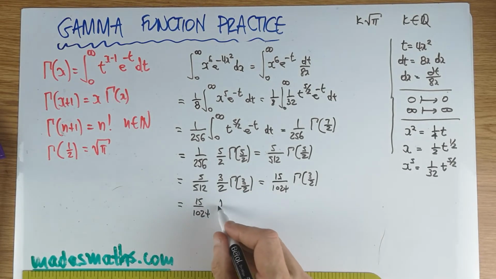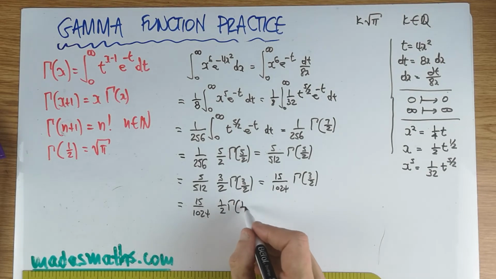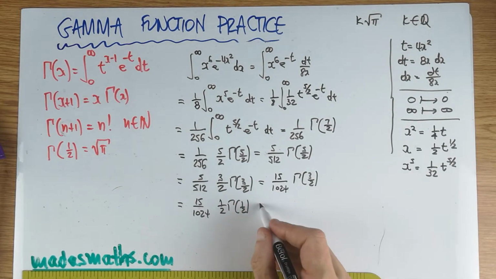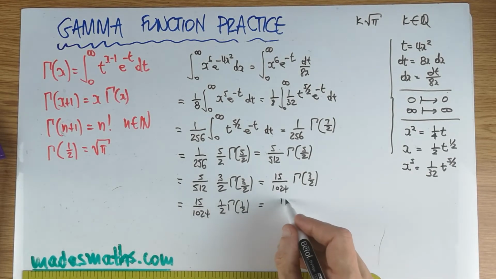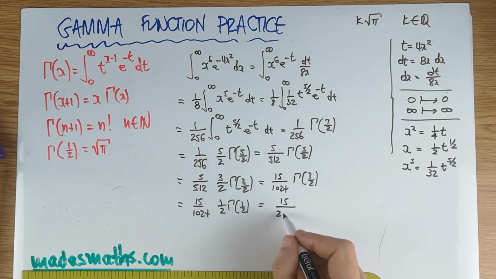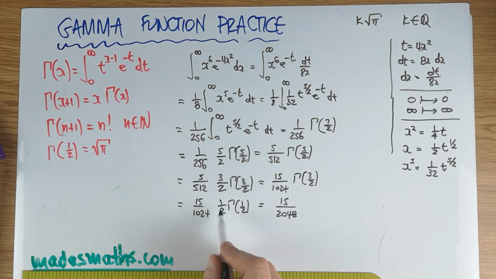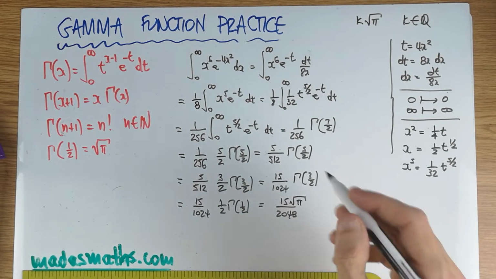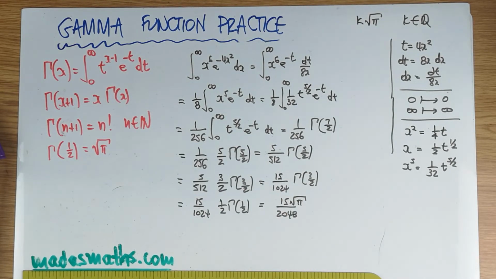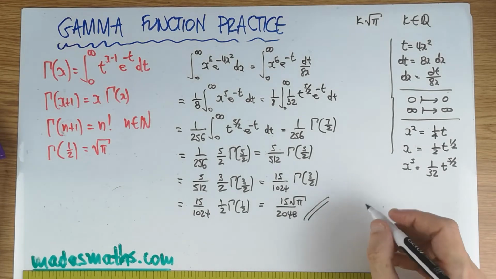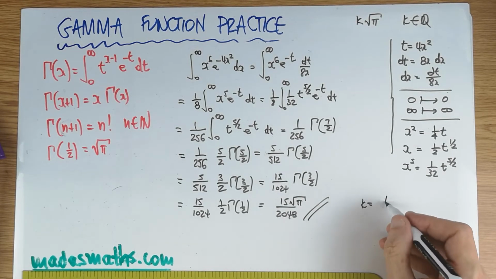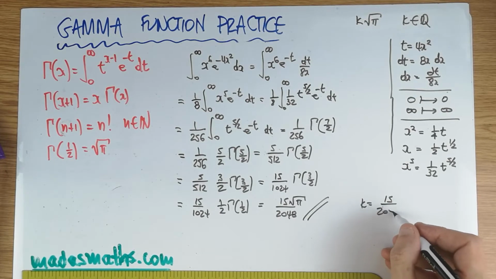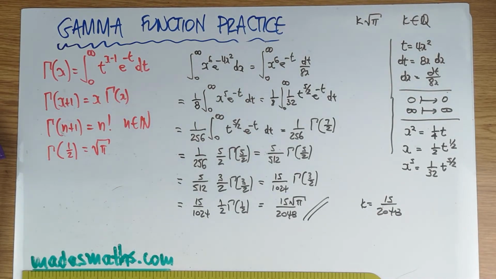And the gamma of 3 over 2 is a half gamma of a half, and of course this will give us 15 over 2048, that's this bit here, and of course the gamma of a half is the standard result, root pi. And this is the question. Of course your k in this particular case was ugly, 15 over 2048. Was it hard? No, it's just the same old kind of thing.